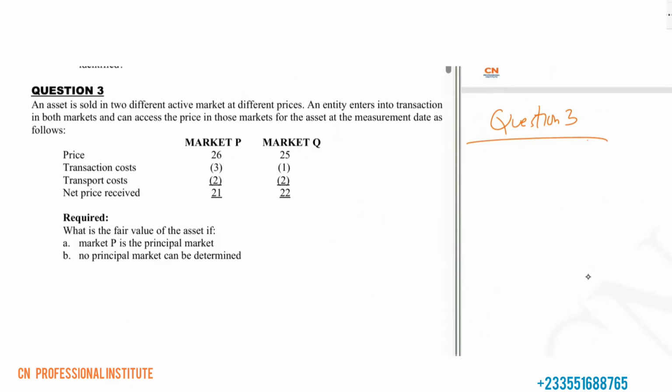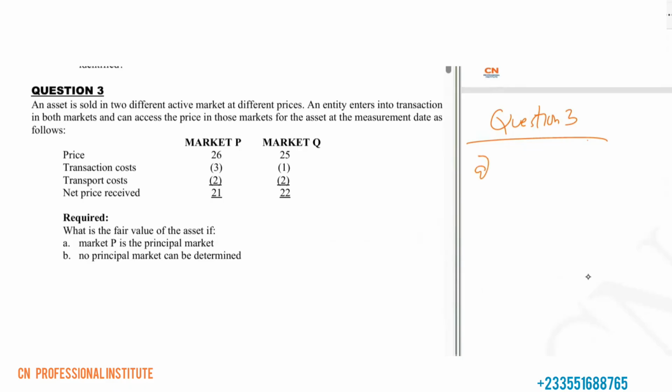So we have market P and market what? Q. Then we have the price, the transaction cost, and the transport cost. Then the requirement is what is the fair value of the asset if A, market P is the principal market, and B, no principal market can be determined.